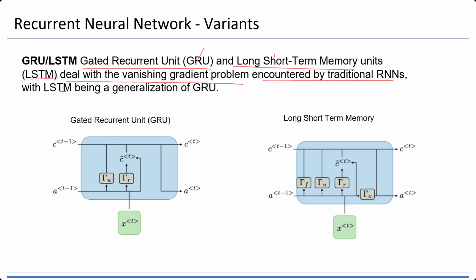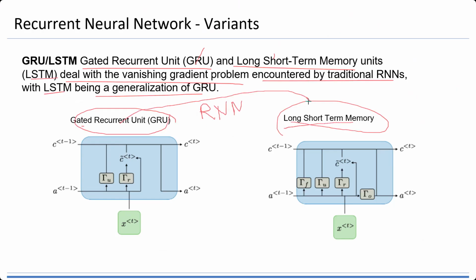The LSTM is a generalization of the GRU. So GRU is the more advanced RNN, but the LSTM is the generalization of the GRU.